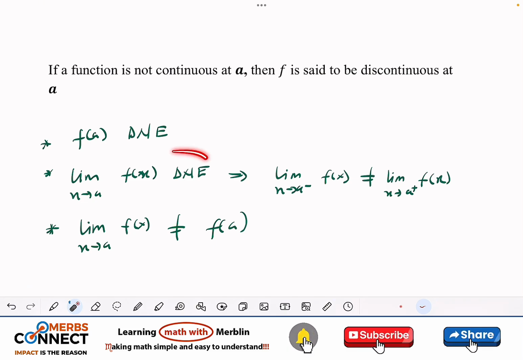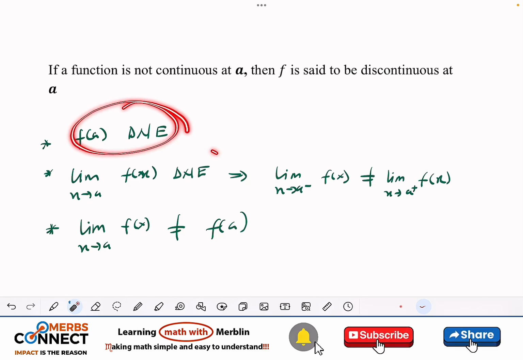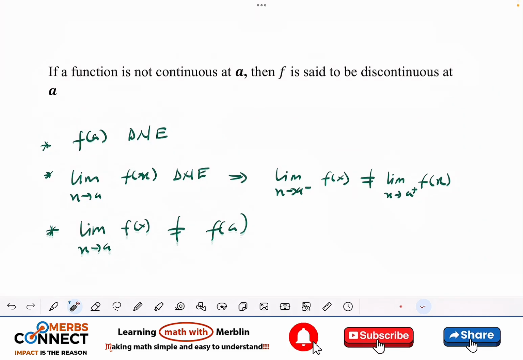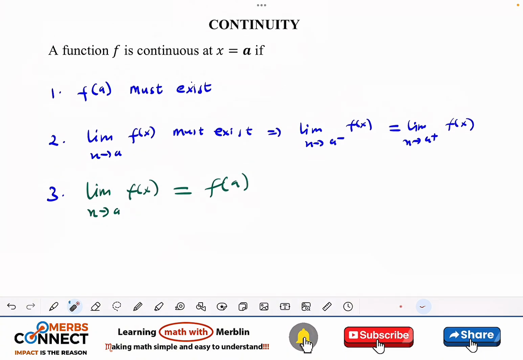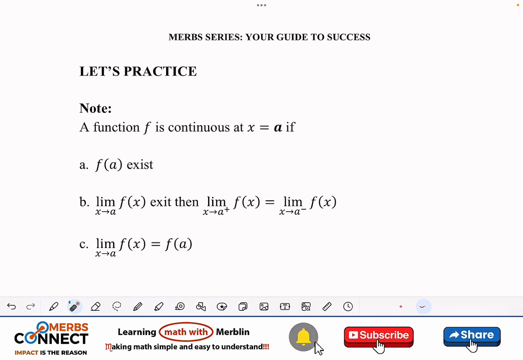Then I can base on this one to say that it does not exist, right? But let's assume that this is true and this is also true. We cannot say that it is continuous unless this and this are the same. So if they are not the same, then the function is also discontinuous. So basically, these are the things that we need to learn under continuity and discontinuity.